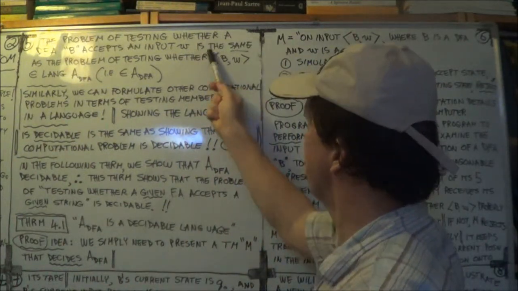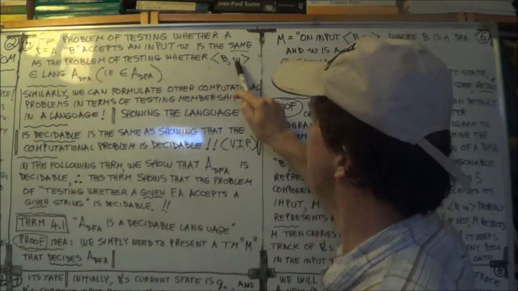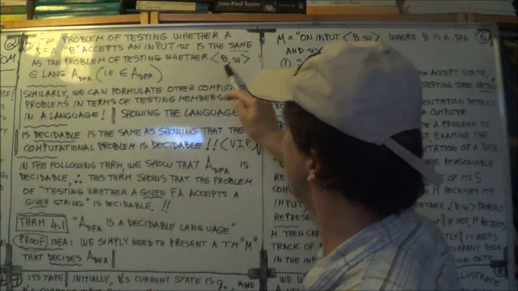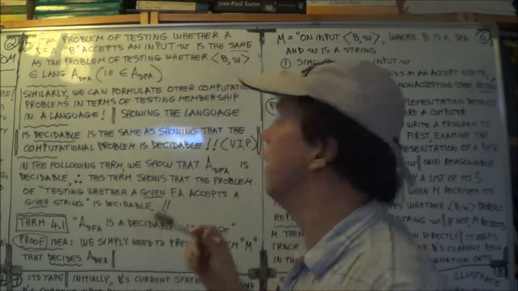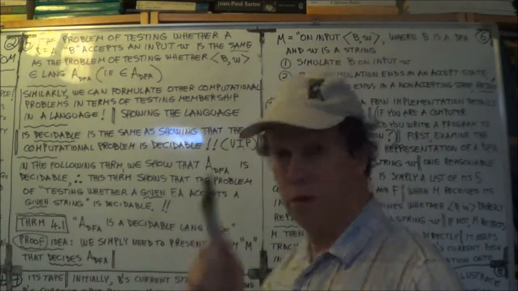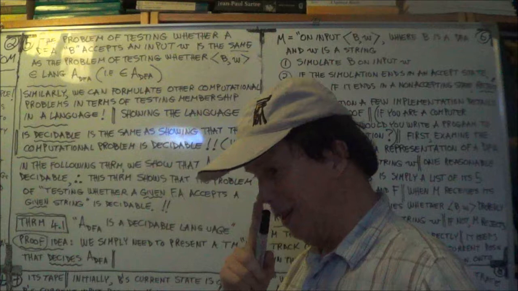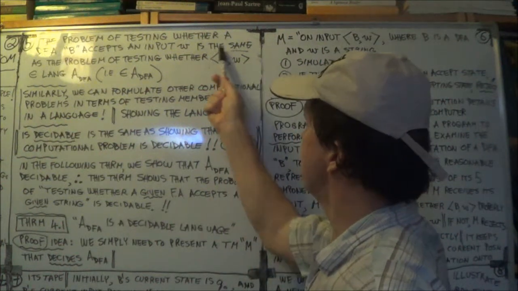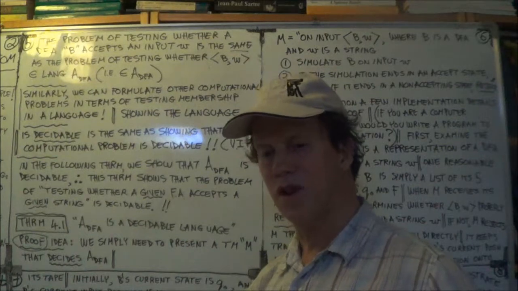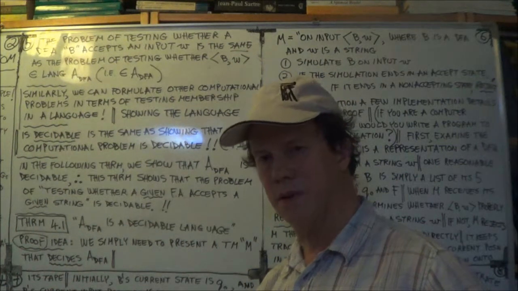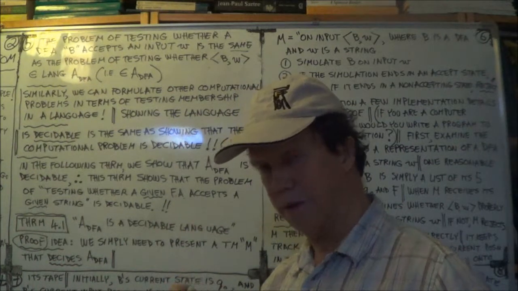Because we're talking about two different strings, right? That's your input string to the machine, and this is the string that is the representation, the encoding of two bits of information. Don't be confused. We're talking about two different strings: the input string to the machine, and the string that is a member of your language, A suffix DFA.